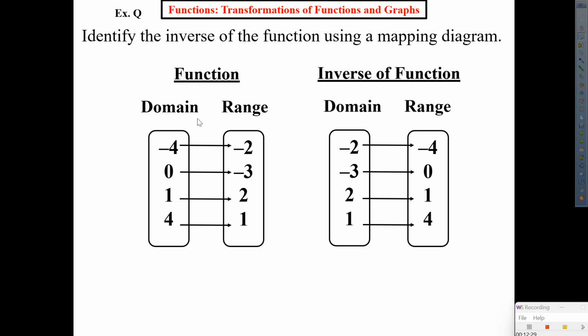Doesn't matter what it is, but we are mapping -4 corresponds to -2, 0 to -3, 1 to 2, and 4 to 1. To make it the inverse, look at the domain of the original, and look at the range of the original. Look at the domain of the inverse now, and the range of the inverse. Tell your neighbor what you see in regards to the inverse.